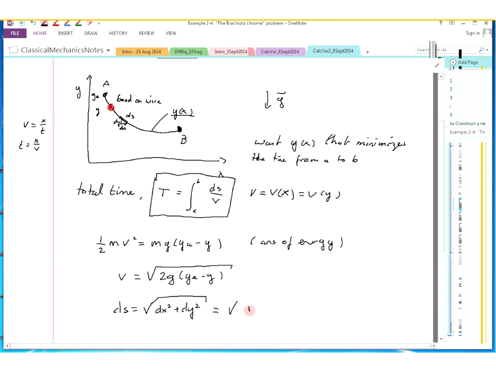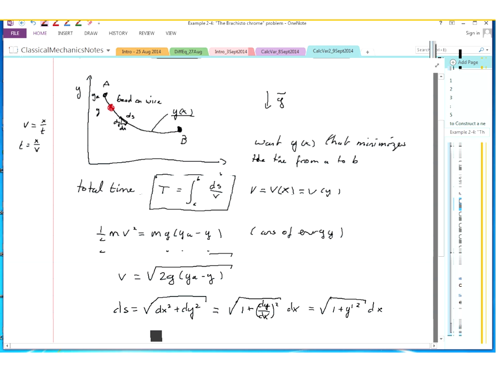And I can do some more mathematical trickery and write this as the square root of 1 plus dy by dx squared times dx. So I just divided out the dx squared and took it out. And if we use the notation of primes, that's 1 plus y prime squared, dx.